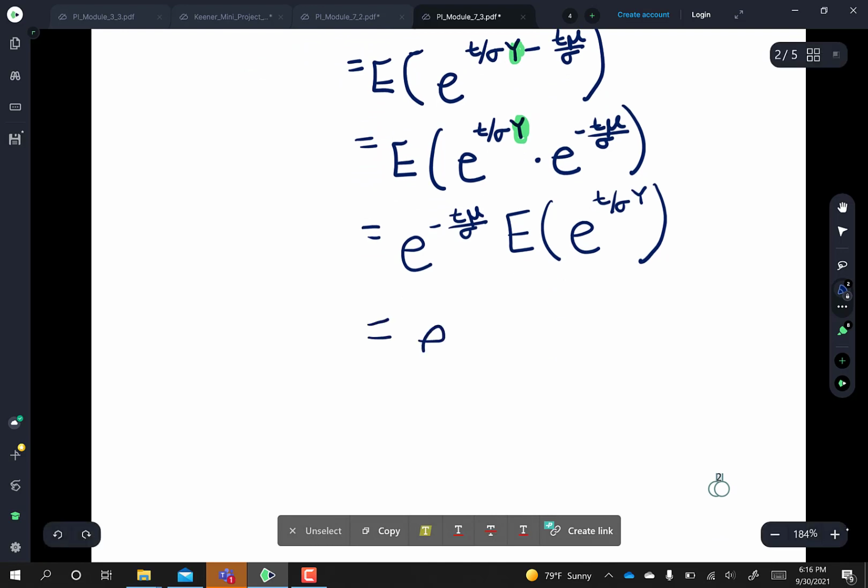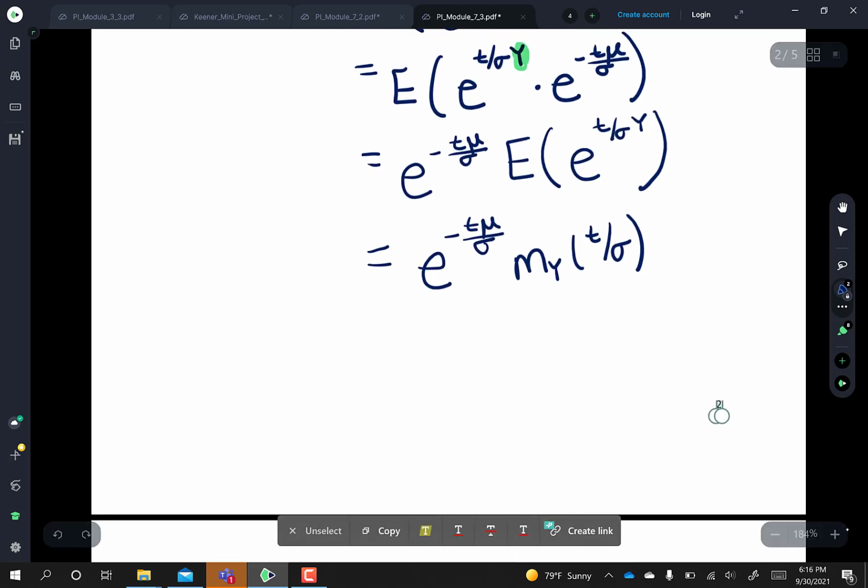I still have that constant out front, but by the definition of a moment generating function, this is equal to the moment generating function of y evaluated at t divided by sigma.